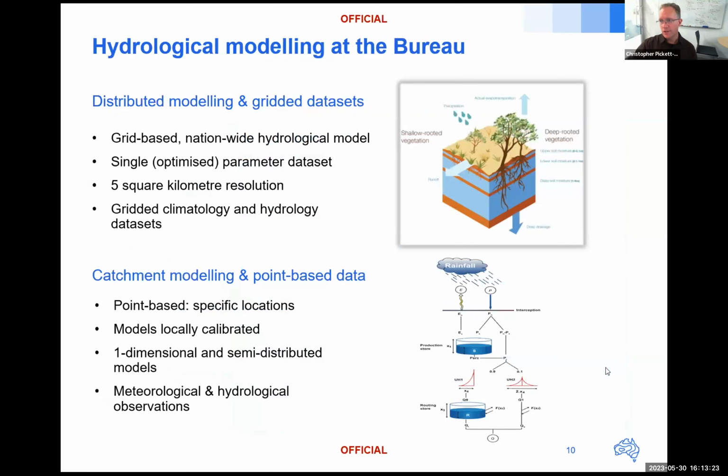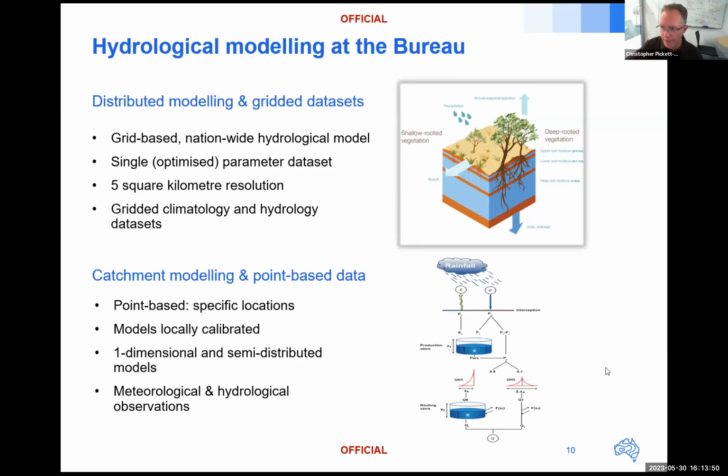Now, the hydrological modeling at the Bureau is divided into two categories. These are the underlying modeling techniques. The first is distributed modeling across the nation. These are grid-based models, generating grid-based data sets. It's a nationwide hydrological model taking in as input nationwide gridded data, climate data primarily, and providing gridded output.